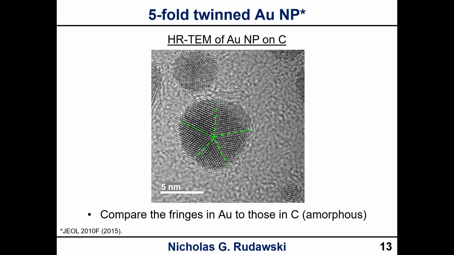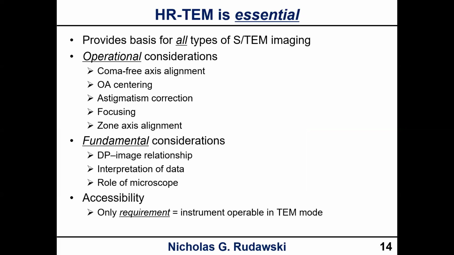But if we look in the carbon, we also have oscillations of the same scale and magnitude, but they're disordered, okay? They don't have the same ordering that we see in the gold, because the gold is obviously crystalline, carbon is not, okay? So this is another thing we can do with the high-res image, is we can use this to ascertain, at a more basic level, is this crystalline or is this not crystalline, okay? So very clearly the carbon is not crystalline, okay?